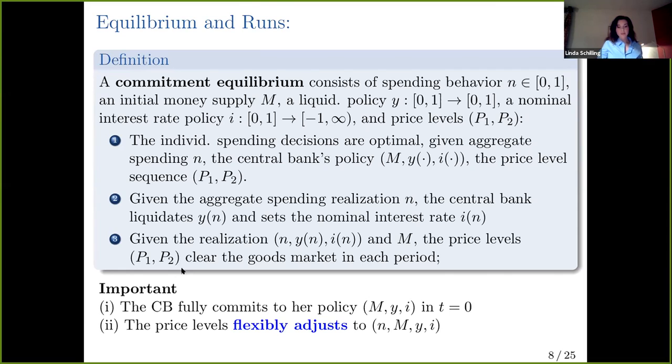The insight is that the price levels in this equilibrium definition will flexibly adjust to the spending behavior by the agents and the central bank policy. So at this point, there is no price stability imposed, not yet.